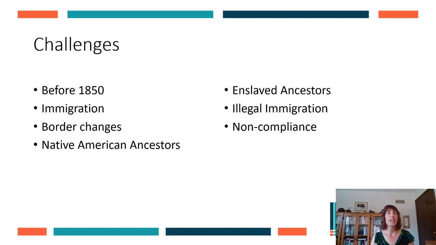Natives were generally not included in the regular census or official documentation before 1900. Before that, your native ancestor would only appear in United States documents if your ancestor paid taxes and ended all tribal affiliations. For enslaved ancestors, there's a double whammy here. There's actually many whammies here.